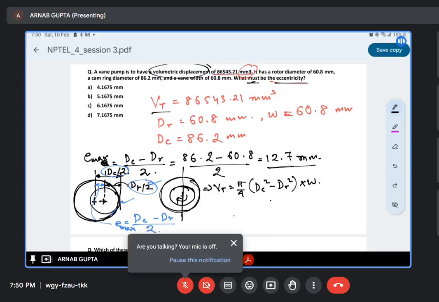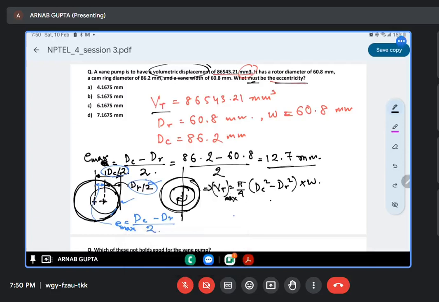So if you try to see, if you are having maximum eccentricity, the value of Vt that you will get will be maximum. So what will be that?